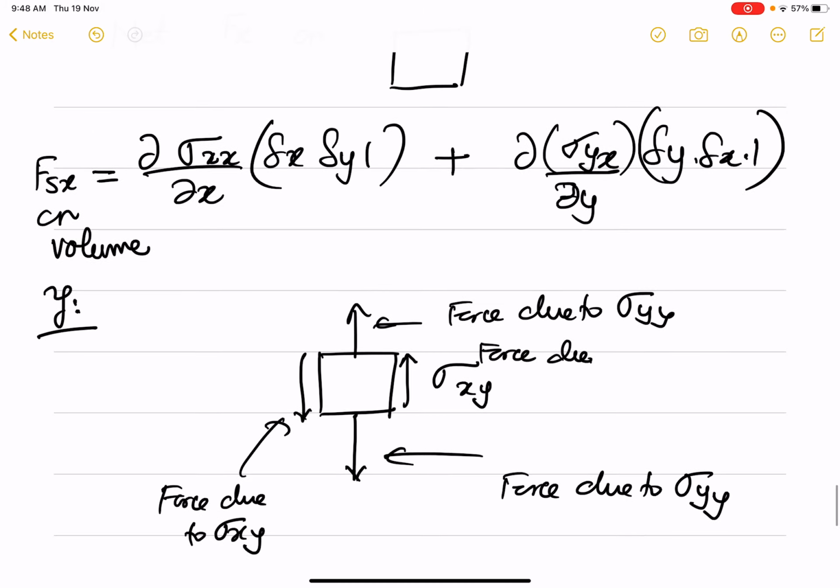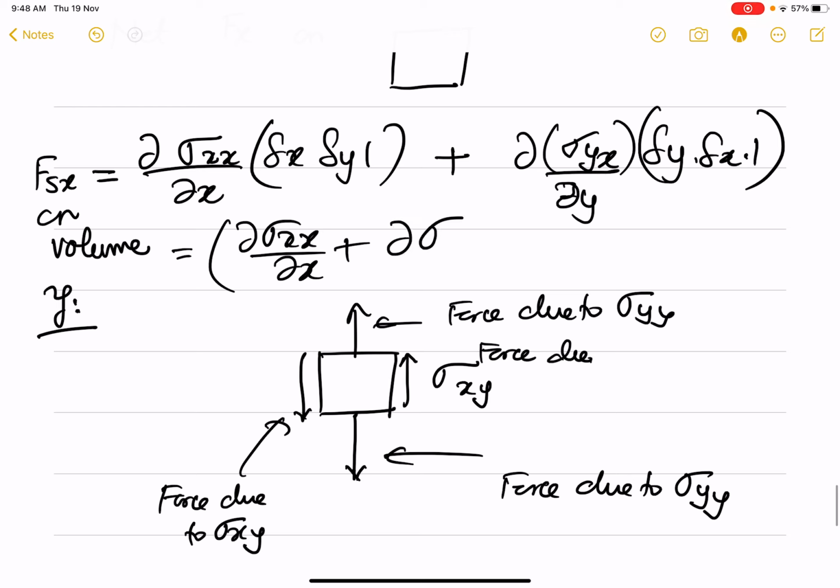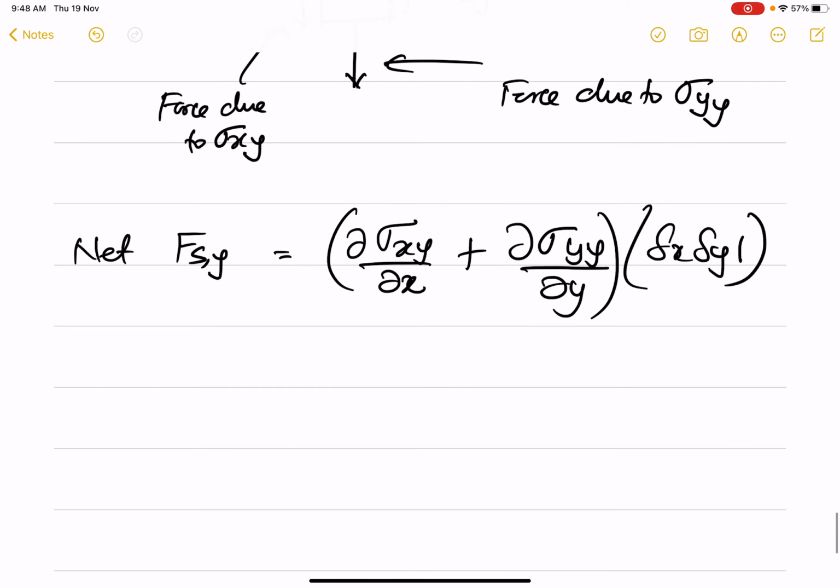And for Fx, I can write partial sigma xx by partial x plus partial sigma yx by partial y times delta y delta x times 1. So this is the total surface force.